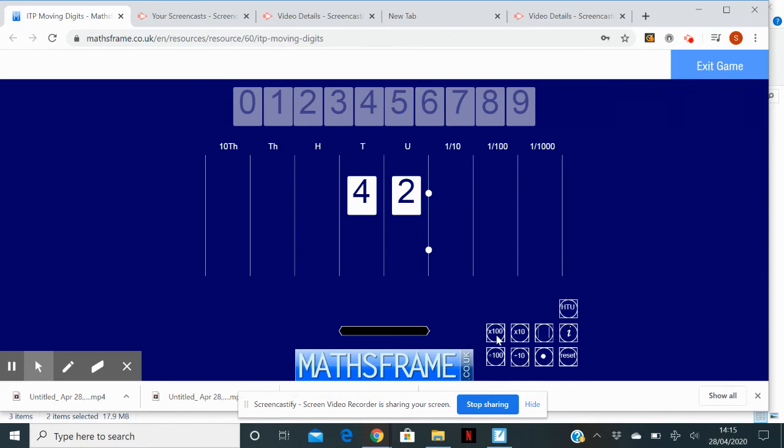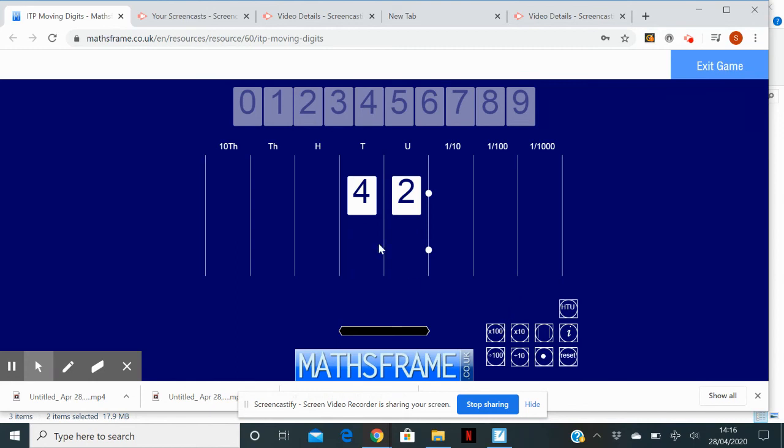When we multiply by 100, the digits are going to move up two place value columns. So at the moment, 42, my 4 is in my tens column, my 2 is in my ones column. If I multiply by 100, they're all going to move up two place value columns. My 4 will move up to my thousands column. My 2 will move up to my hundreds column.